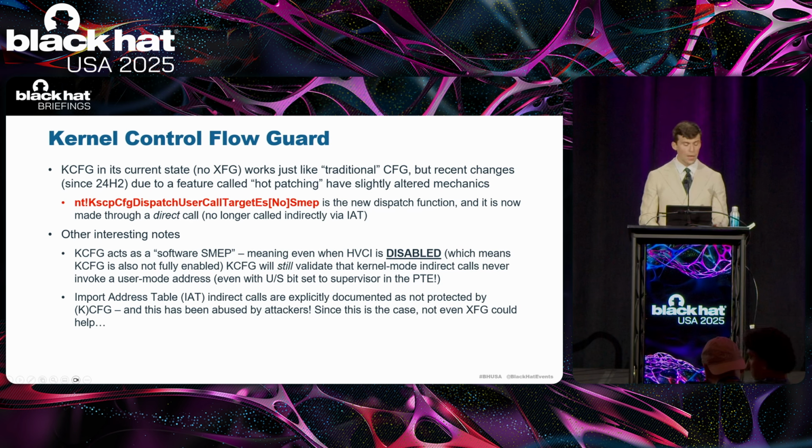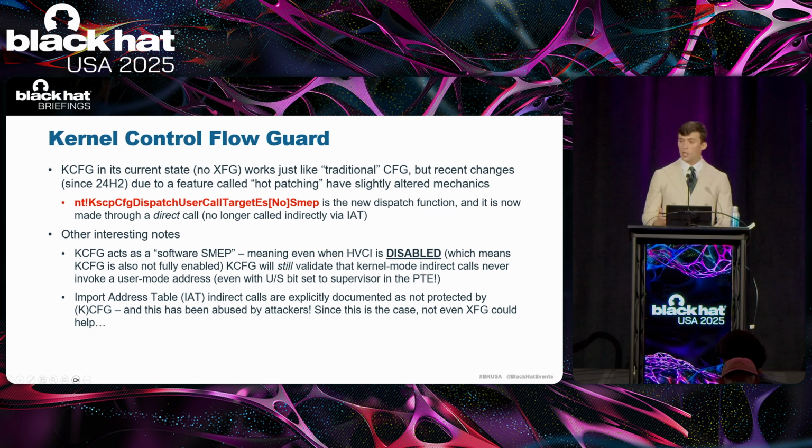Another interesting note is that kernel CFG acts as a software SMEP, or supervisor mode execution prevention. Back in the day, what kernel mode attackers would do is allocate some user mode memory, use a read-write primitive in the kernel to corrupt a function pointer with that user mode memory, and then coerce the kernel to call that corrupted function pointer, which redirects execution into user mode. The only problem here is the processor is still running in the context of the kernel, so the user mode memory is executed with kernel mode privileges.